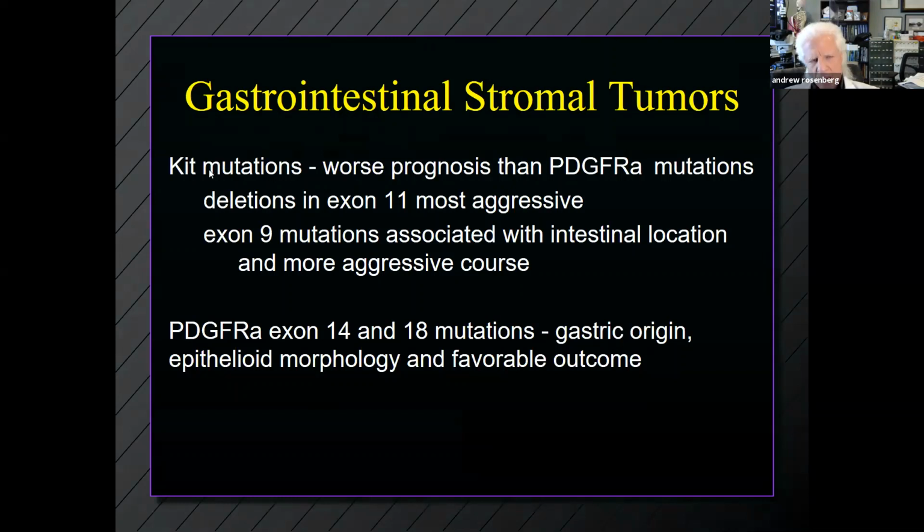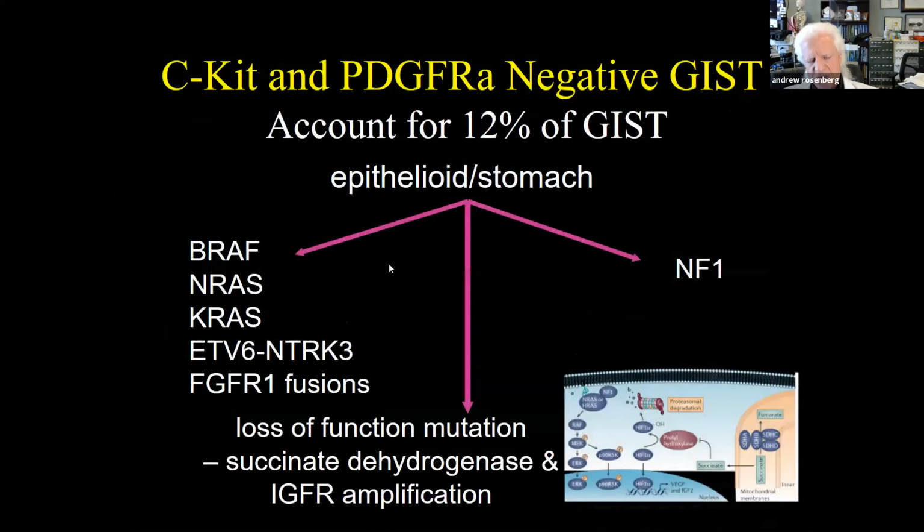Now, in summary of some of the major mutations in KIT and gastrointestinal stromal tumors, those that affect the KIT molecules have worse prognosis than those that affect platelet-derived growth factor. And within the individual types of mutations, some are more aggressive than others. And although c-KIT and PDGFR are the important mutations, there are a handful of other mutations.